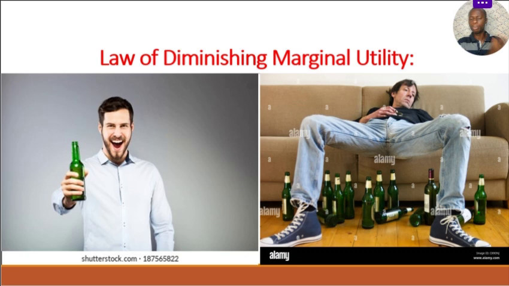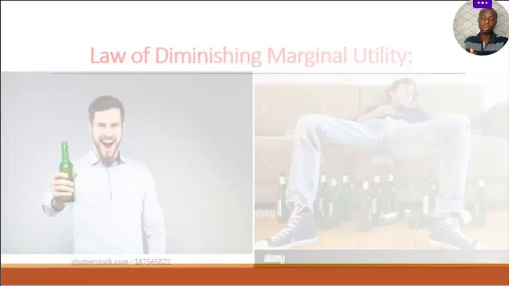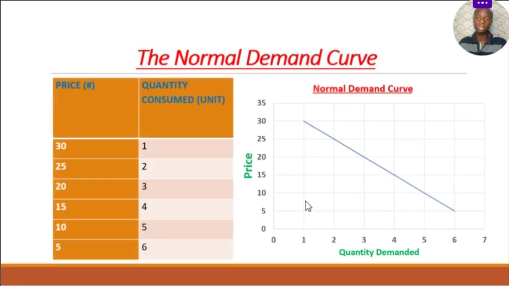Now, let's look at the table we discussed before to draw the normal demand curve and the marginal utility curve. For you to draw your normal demand curve, you need two things, as we discussed in my previous video: the price and the quantity consumed.